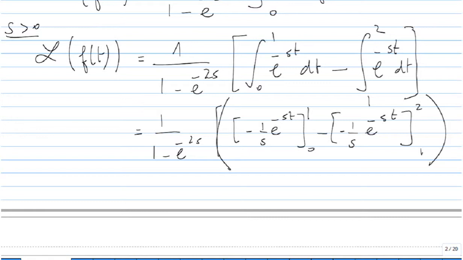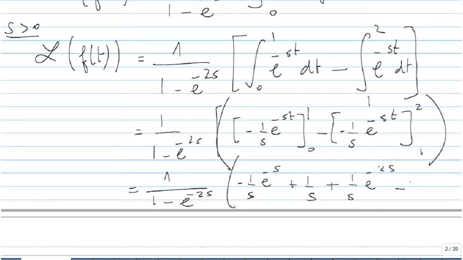So putting all the stuff together, we get 1 over 1 minus e minus 2s times minus 1 over s e minus s, plus 1 over s because e minus s0 is 1. And then we have plus 1 over s e minus 2s. And then we have three minuses, 1 over s e minus s.